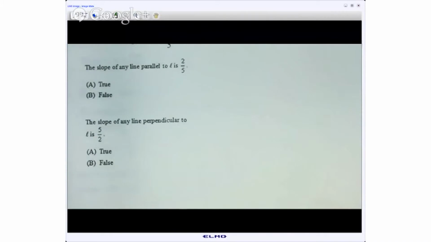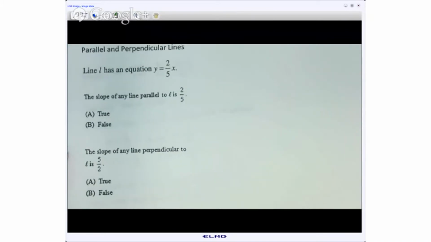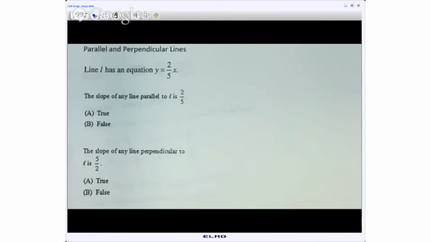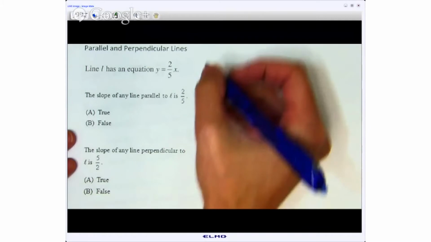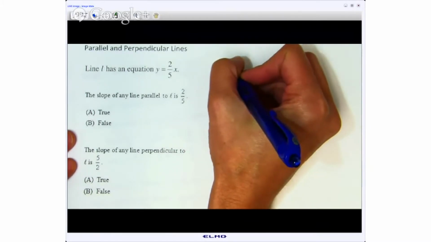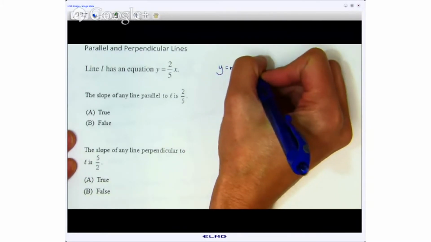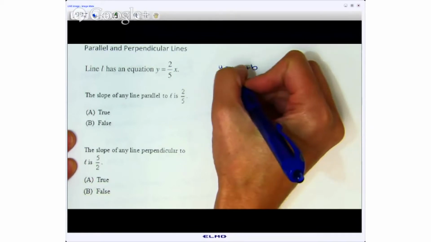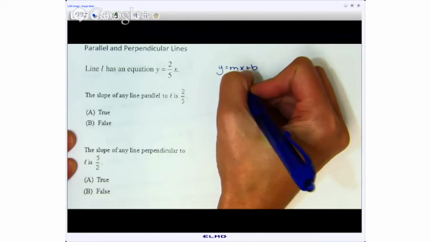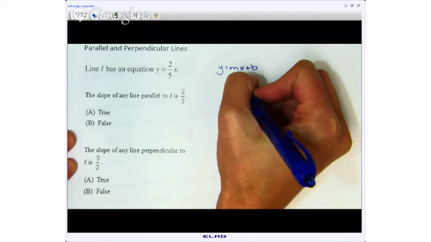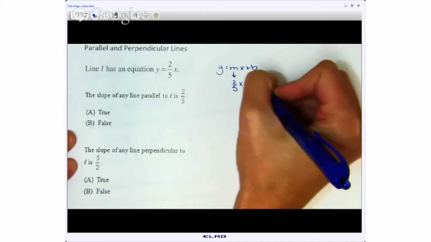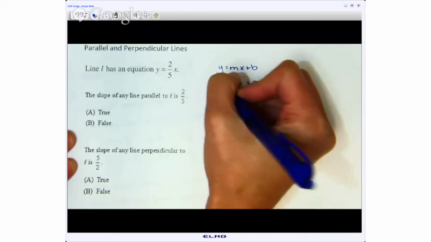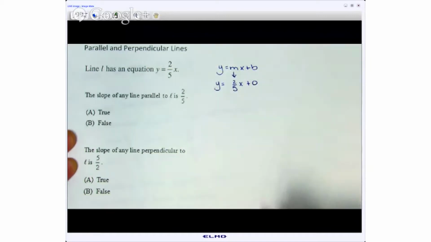The first 2 examples tell us that we're given line L that has an equation of y equals 2 over 5x. So first, if this is in y equals mx plus b form, we know that our m is 2 over 5, and because I have no b, my b or y-intercept would be plus 0.